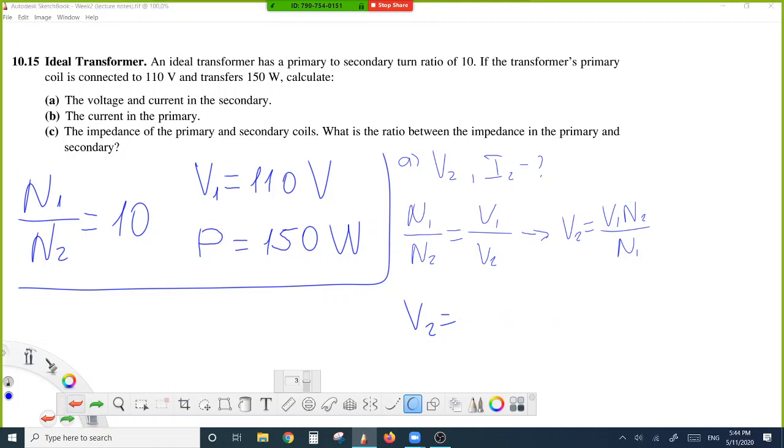Instead of N2 over N1 I can write 1 over N1 over N2.